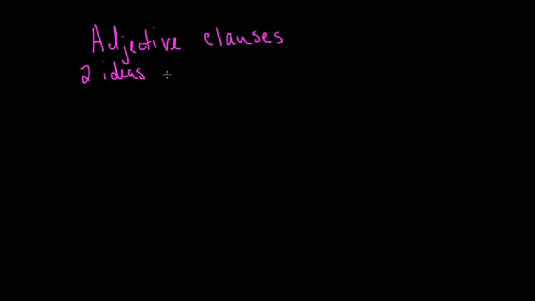The second part of this is looking at adjective clauses. It's kind of similar, also called relative clauses. And that's when you have two ideas and you're joining them in one sentence. So it's when you have two ideas, but you're joining them into one sentence together.